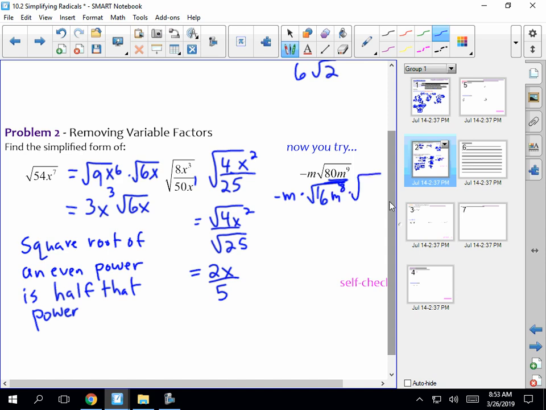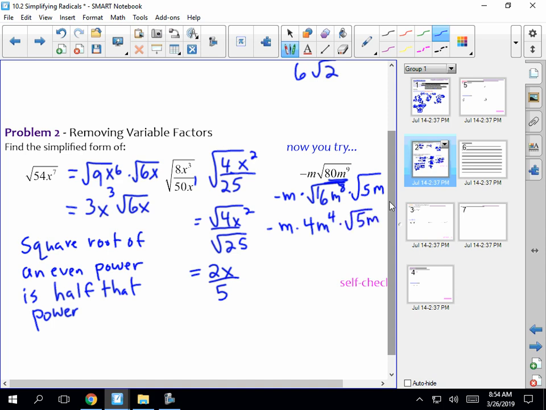You said 16 went into 80 5 times. And if there's an odd power under the radical, you're always going to have a single letter left over, every time. So we've got negative m times square root of 16m to the 8th is 4m to the 4th. And then I can't touch the square root of 5m.